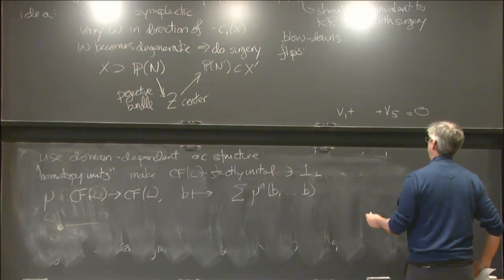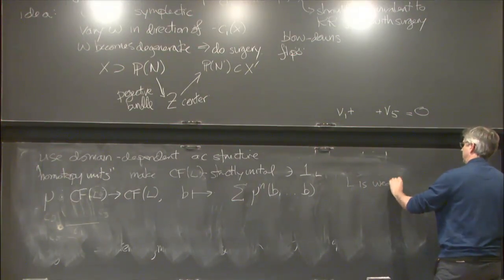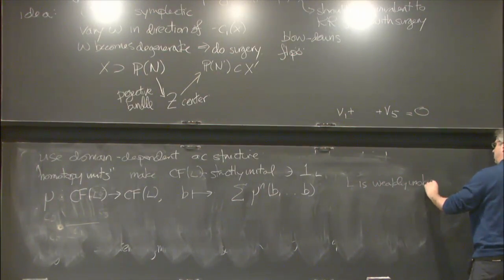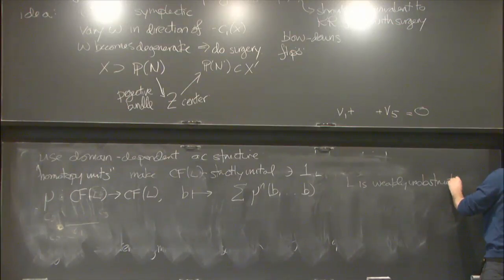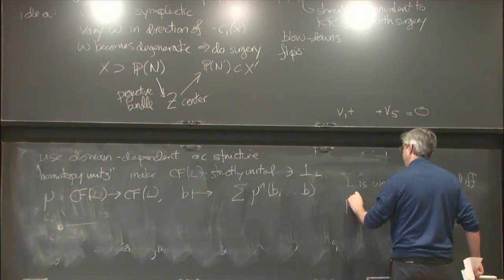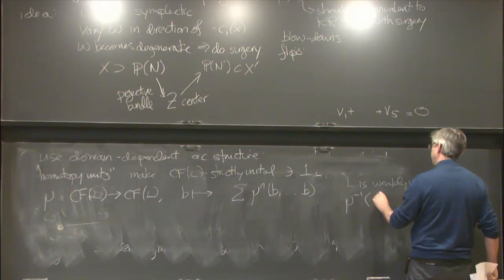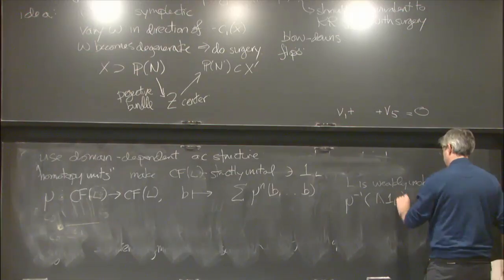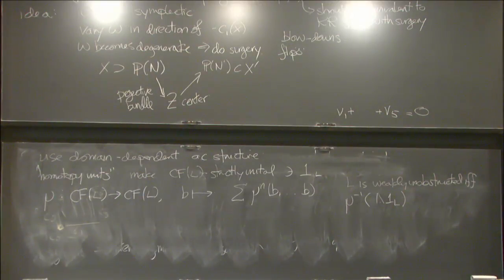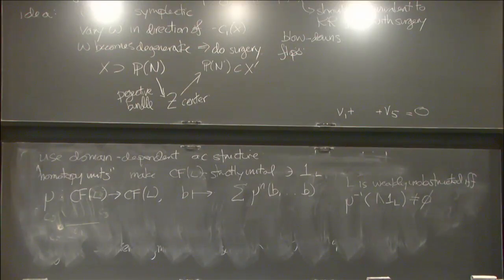And so you say L is weakly unobstructed if the inverse image of the identity times the Novikov field is non-empty under this map. And then these are called solutions to the weak Maurer-Cartan equation.